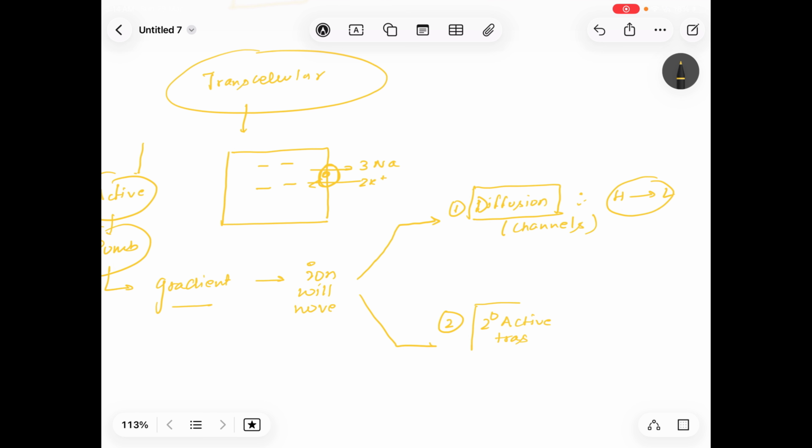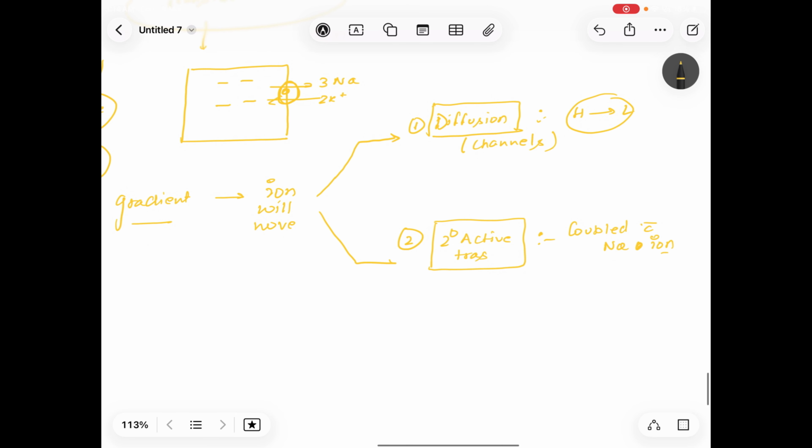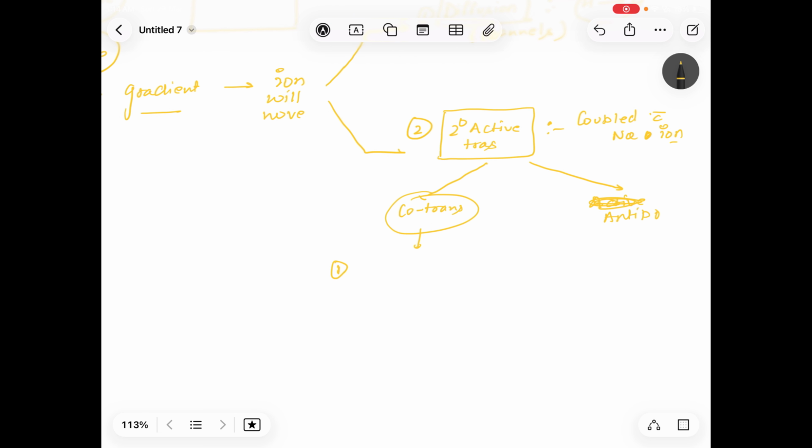Why do we call this secondary active? Because this is coupled with sodium ion. So this secondary active transport can be a co-transporter or an antiporter. If it is a co-transporter, then we have 3 transporters in the PCT.